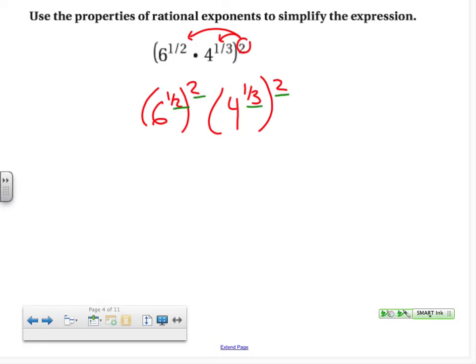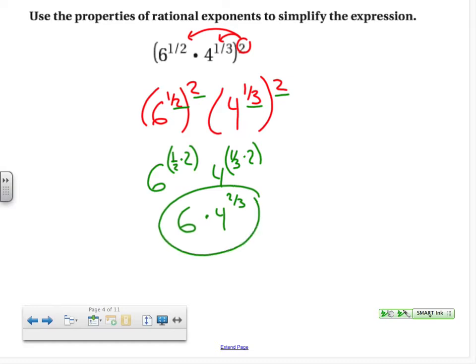In that case, we'll multiply: 6 to the 1/2 times 2 and 4 to the 1/3 times 2. 1/2 of 2 is 1. 1/3 of 2 is 2/3. So we've got 6 times 4 to the 2/3. That would be the exponent form. If you need radical form, we'll have 6 times the 3rd root of 4 squared. If you want, you can simplify 4 squared to 16.